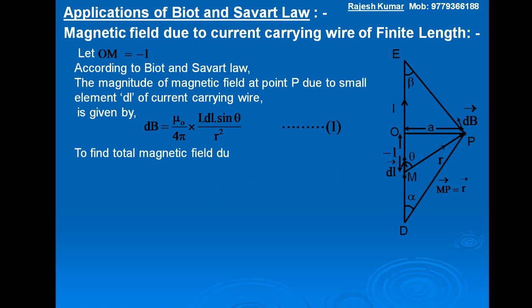To find the total magnetic field due to the current carrying wire, integrate the above equation on both sides.